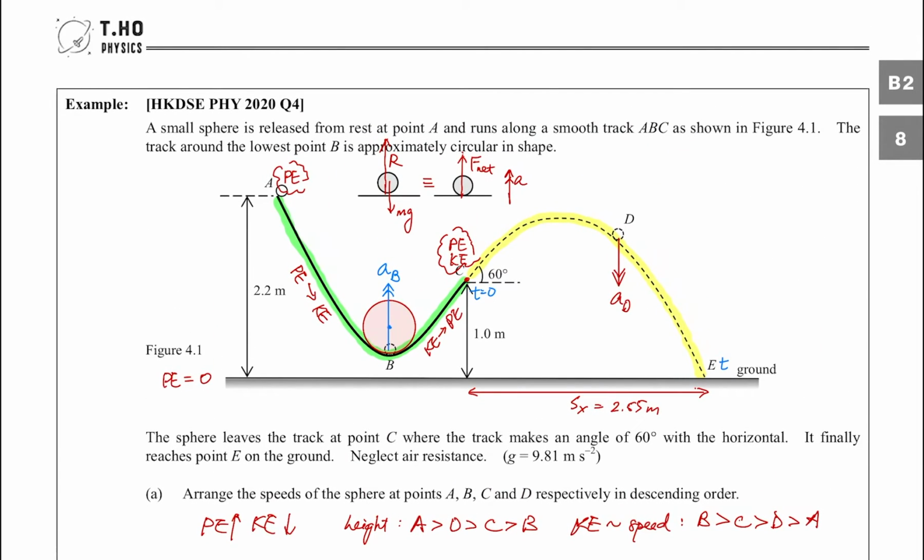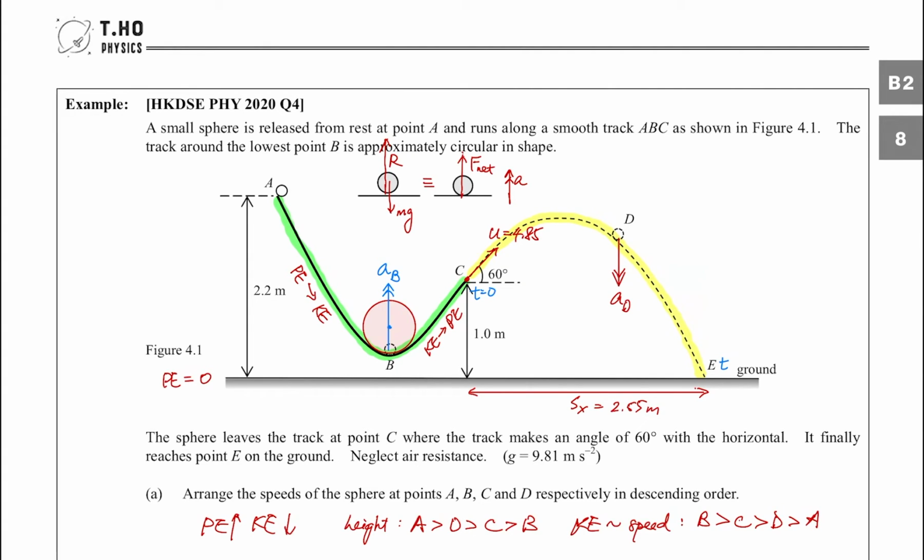In order to be clear, I erase this first. We can indicate the speed or velocity at point C by this arrow. I call it U. U is equal to 4.85.